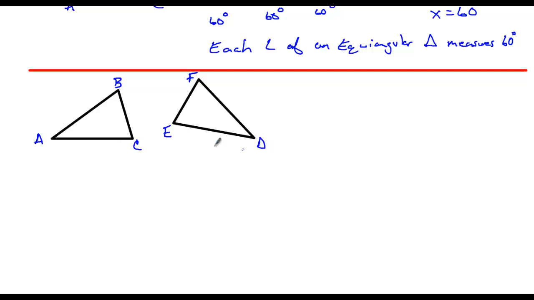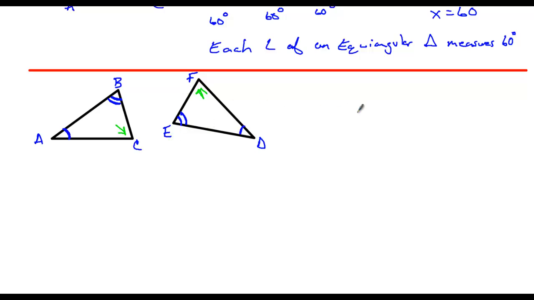They're corresponding, B and E and C and F. So I have these two triangles here, and if I told you that A and D were congruent, and then I told you that B and E were congruent, what do you think is going to have to be true about angle C and angle F?